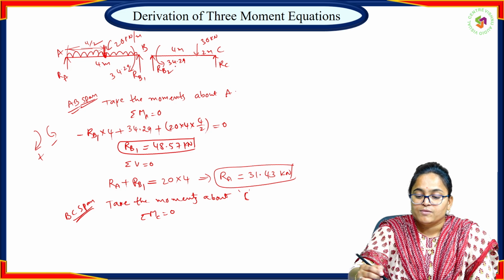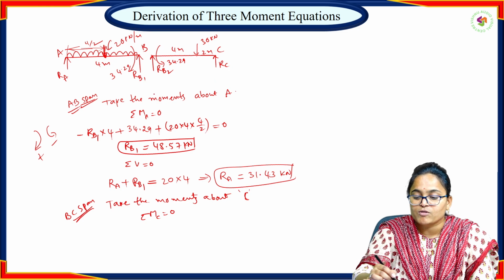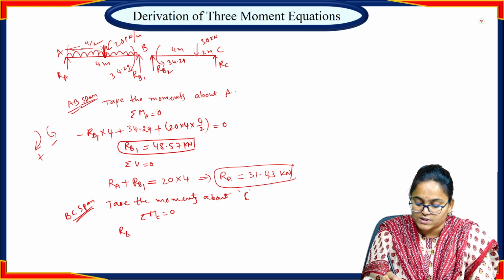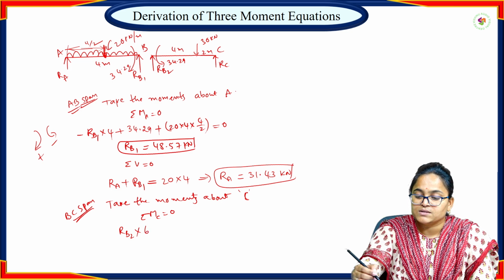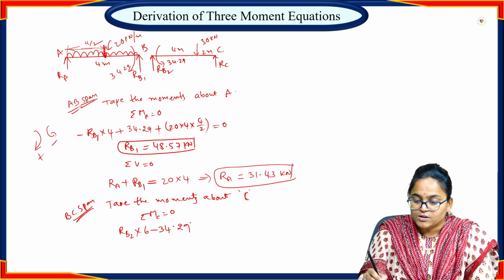Now first find the moment due to RB2 about C. This RB2 will generate a clockwise moment about C. Taking clockwise moment as positive, RB2 into perpendicular distance of 6 meters. Next we have the anti-clockwise moment at B, taken as minus, so minus 34.29.